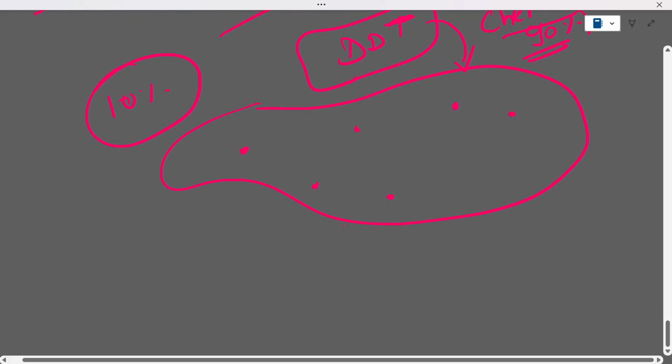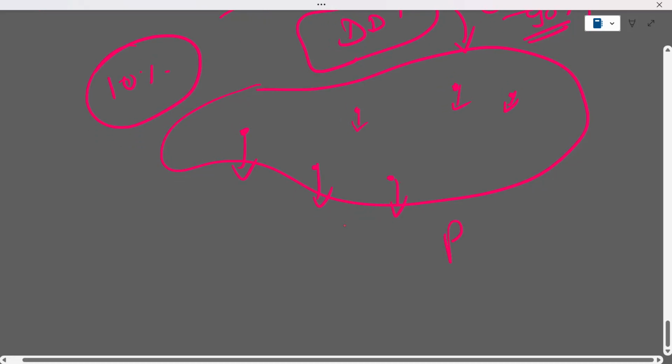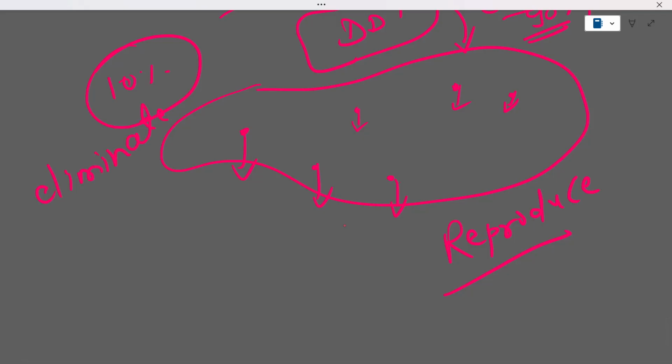Now the remaining ones are likely to reproduce, and since variations were there which could not be eliminated, because eliminating the variation would mean elimination or alteration of the genetic code itself, which is not possible.